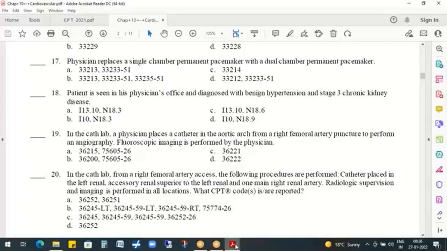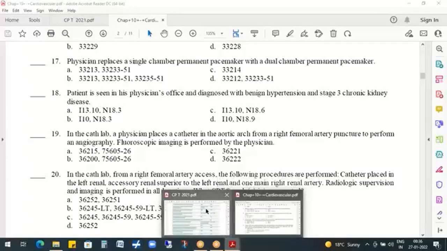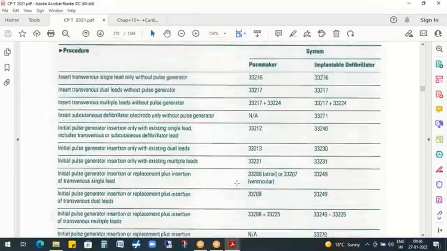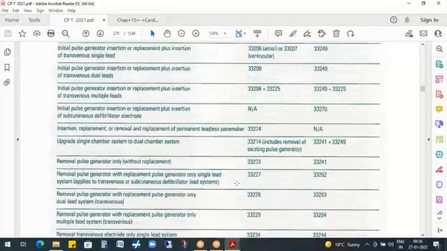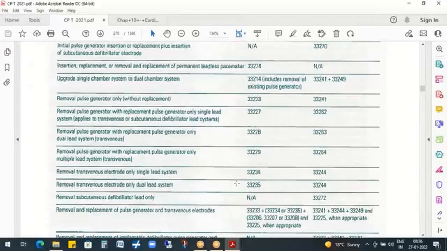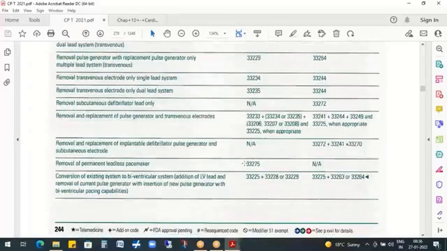Place length, but it's not upgrade. 33214. 33214 is the correct answer. Padmavati, what is Upgrade? 33214. 33274, it is.